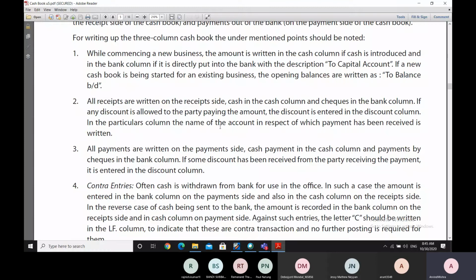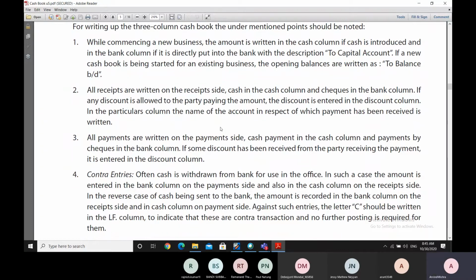Even in case of the checks which are received in the bank column, we can write the discounts in the discount column. In the particulars column of the cash book, we write the name of the account or the name of the person in respect of which the payment has been received or made.